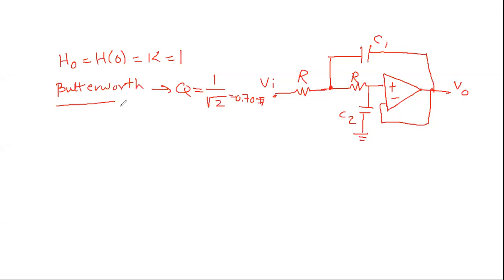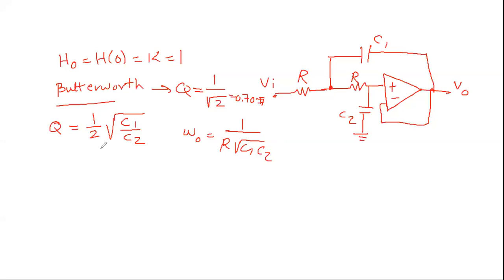So from the word Butterworth, we know that the quality factor Q is 1 over square root of 2. If you go back to the slides and see the design equations, one of them was that Q equals half square root of C1 over C2, and the other design equation is that omega naught is 1 over R times square root of C1 C2, in the case when R1 equals R2.